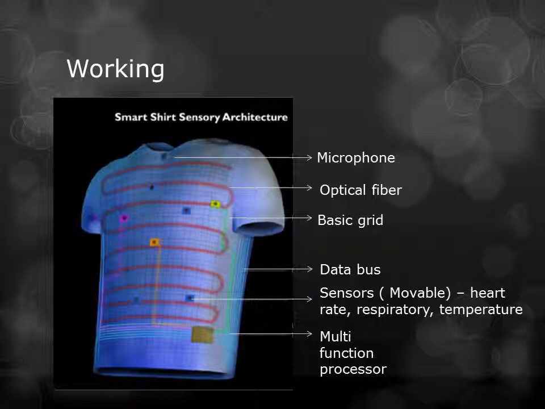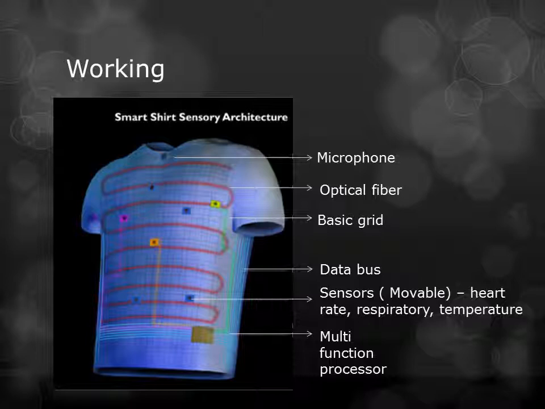and the microprocessor will know that the soldier is wounded. It will then send a signal out through the data bus, which will use the grid to pinpoint the exact location of the wound. Based upon the location of the wound, the microprocessor will then send a signal to the base camp. In the base camp, the people monitoring the system will look at the location and see if it is a critical location. Say if the soldier is wounded near the heart or the lungs, then he might require immediate assistance.